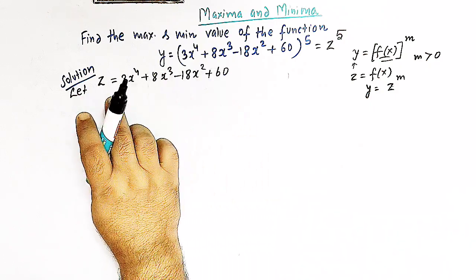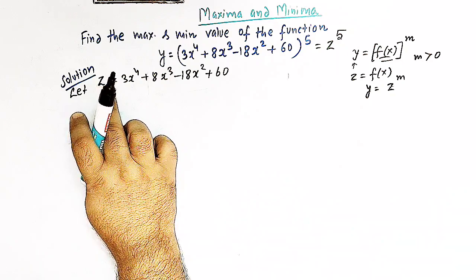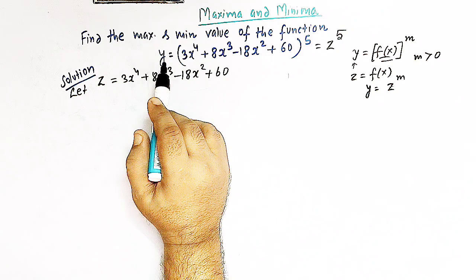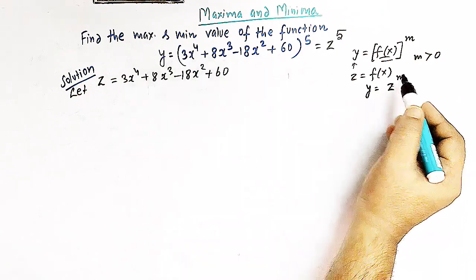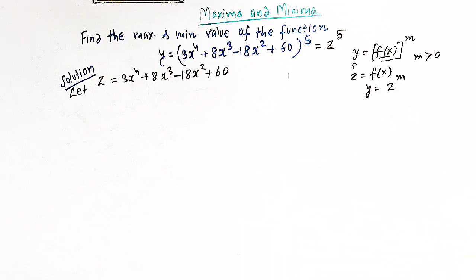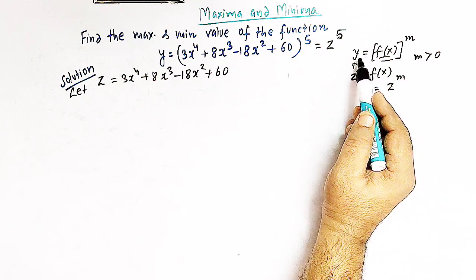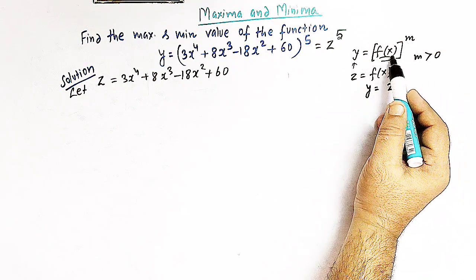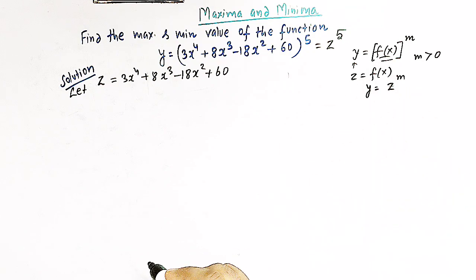Once we get the maximum and minimum value of z, we can easily find the maximum and minimum value of y, which is z^m. So we can say that y is maximum or minimum according as f(x), which is z, is maximum or minimum.